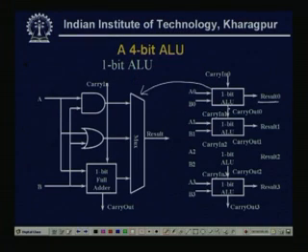And then the carry out, because if it is addition, then this carry will go as the input carry of the second ALU. So, this is again another 1 bit ALU, and similarly carry in 2 will propagate.